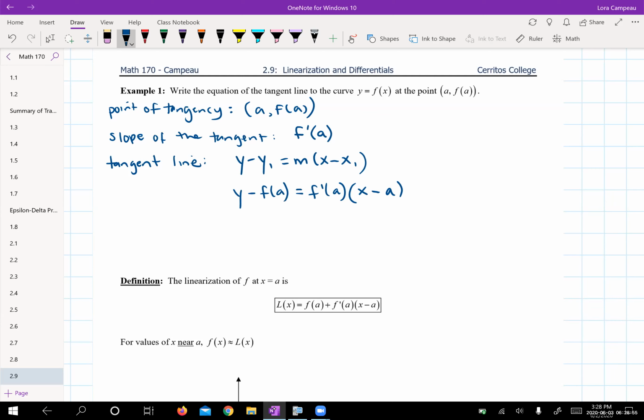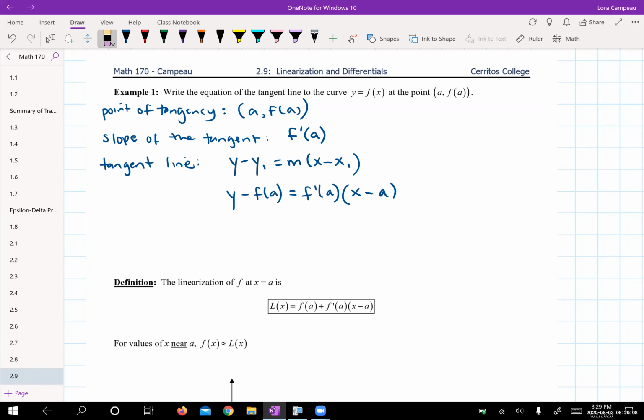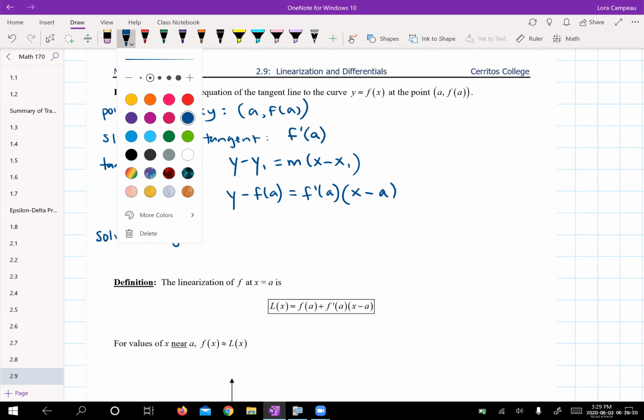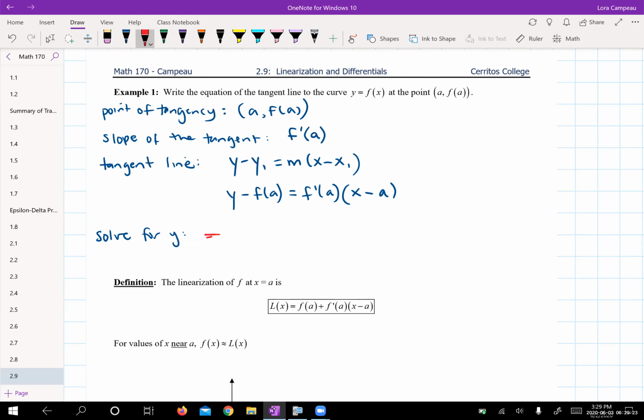Now remember, anytime we're using point-slope form, a lot of times we really like to see the equation in slope-intercept form. That can be done by solving for y. When you solve for y, you are adding f of a to each side. That is going to lead us to y equals f prime of a times x minus a, plus f of a.